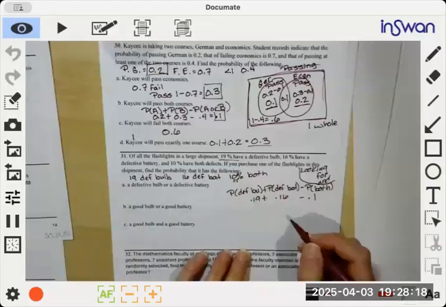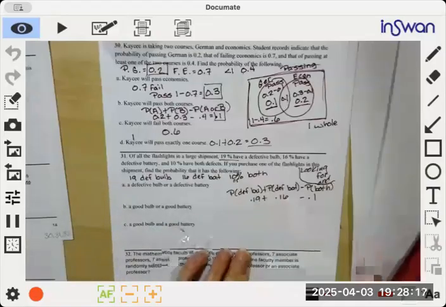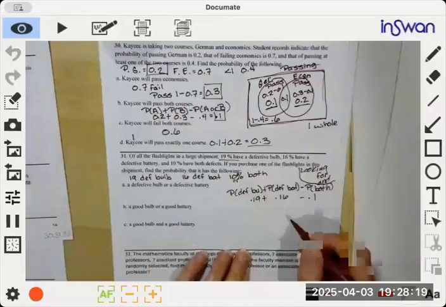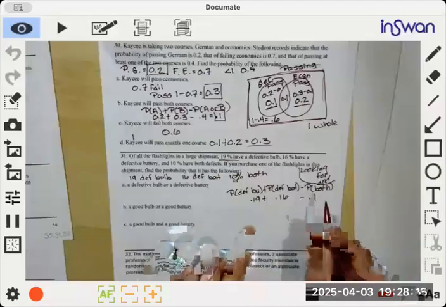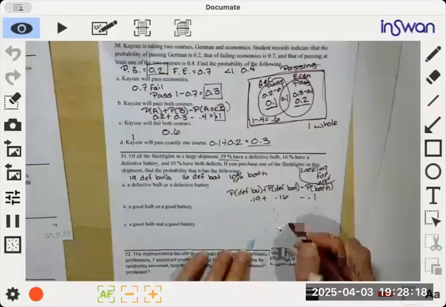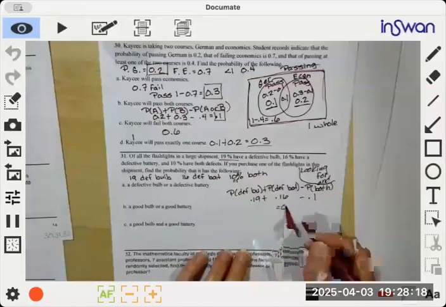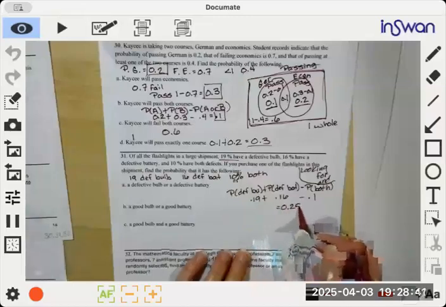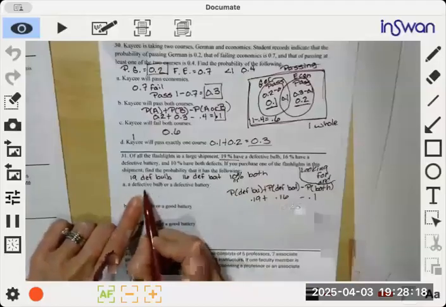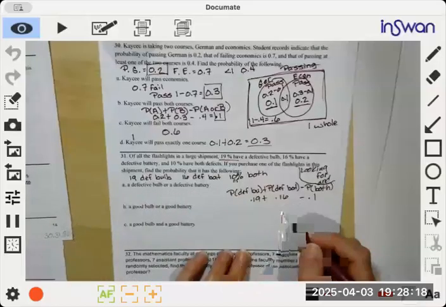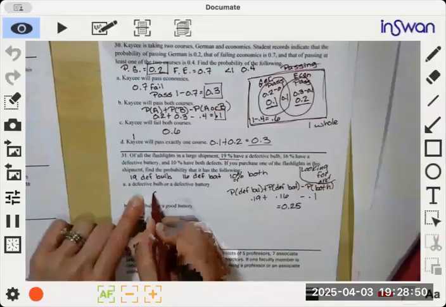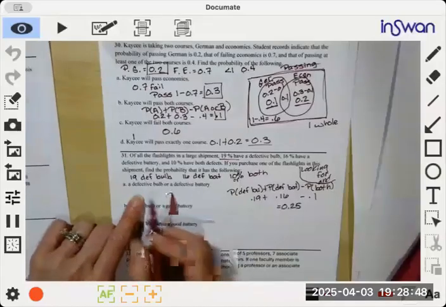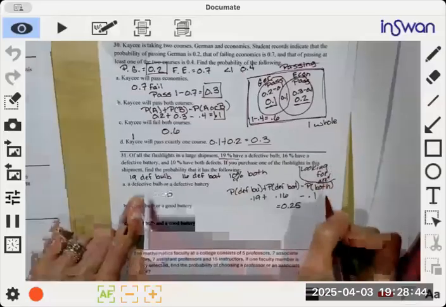So 16 and 19, 0.16 plus 0.19, brain's going a little crazy, 0.35 minus 0.1 will be 0.25 for a defective bulb or battery. Or bulb and battery, both.